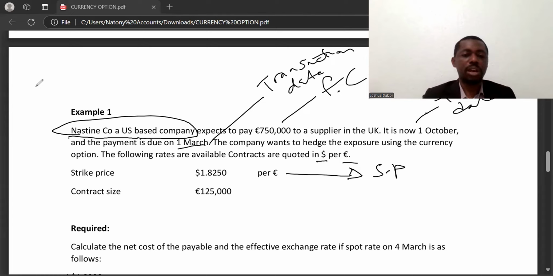So you just have one strike price, and the contract size is 125,000 euro. What is the requirement? Calculate the net costs of the payable and the effective exchange rate if spot rate on 4 March is as follows. Okay, so let's look at that.